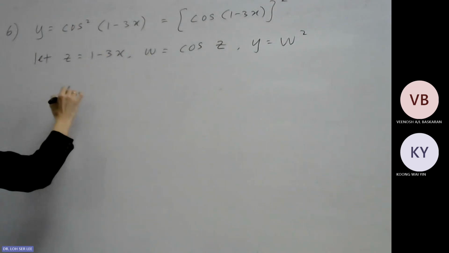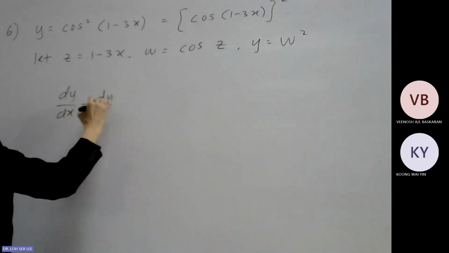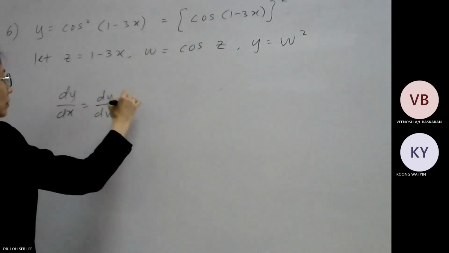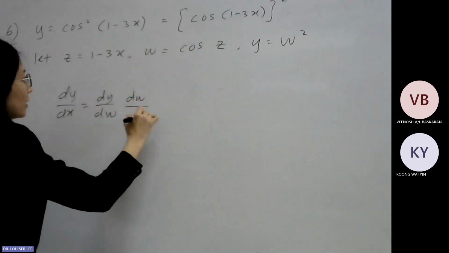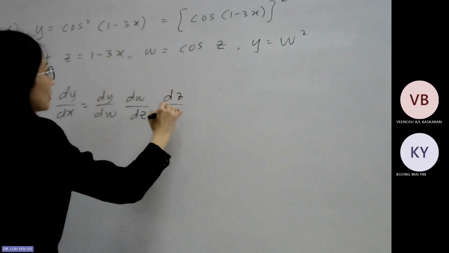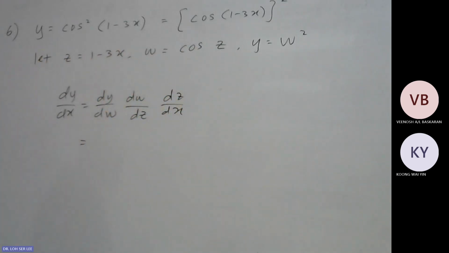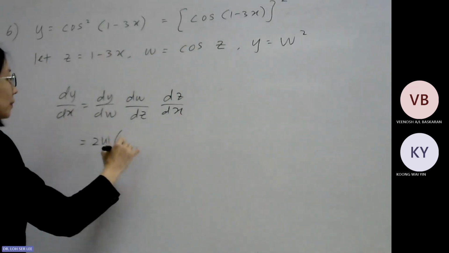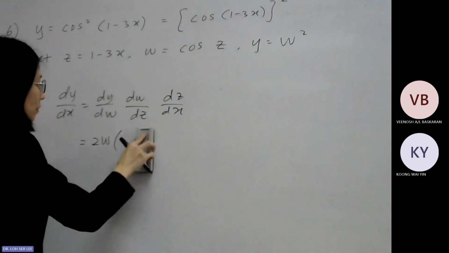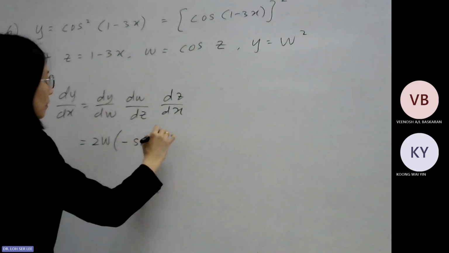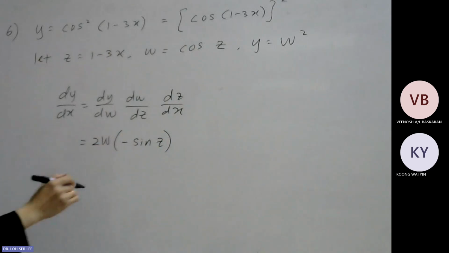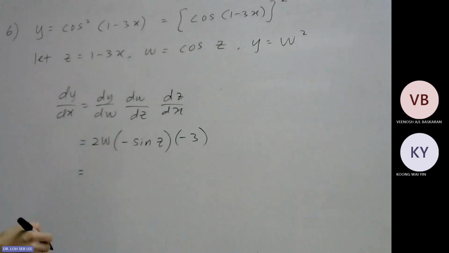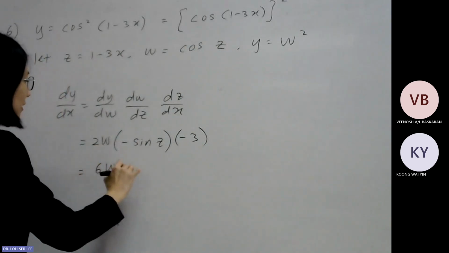Okay, so dy/dx is dy/dw, dw/dz, dz/dx. So you get a positive 6w sine z.